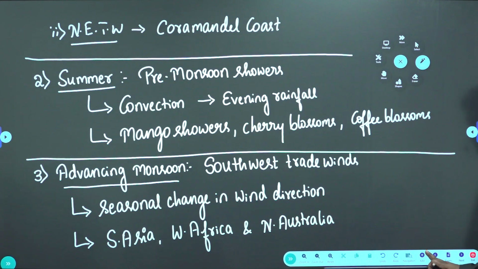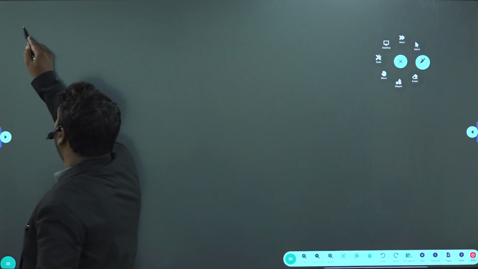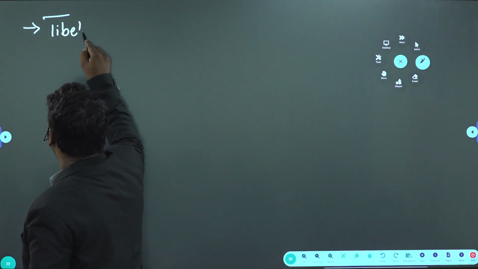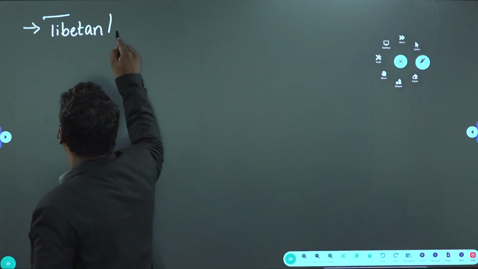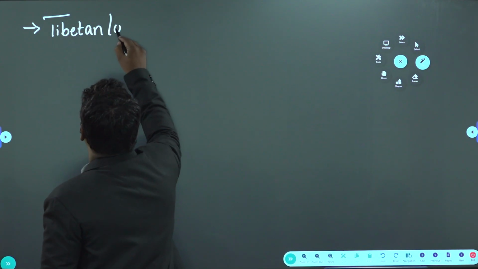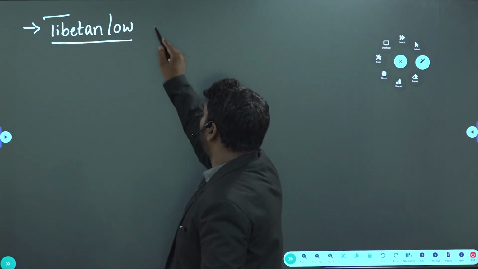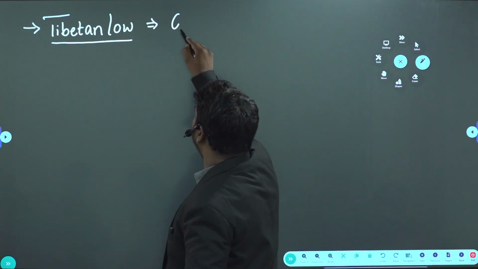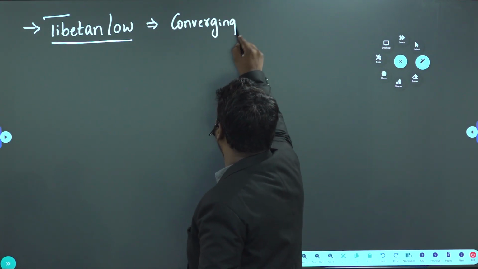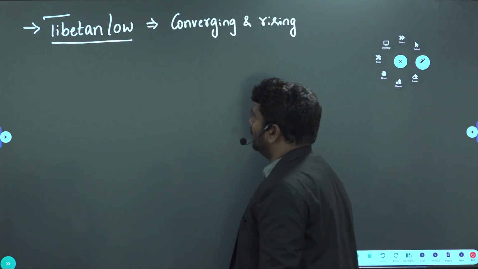Then, shall I? It is mainly due to two reasons. One is Tibet, so we call it the Tibetan low. Wherever we have low pressure, what is the thing that you will remember? Converging and rising. Never forget this.